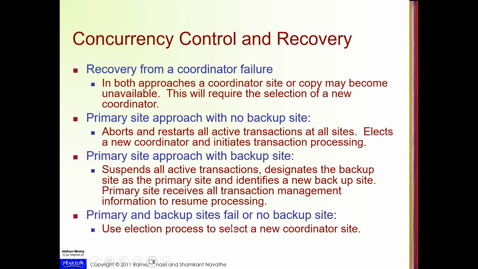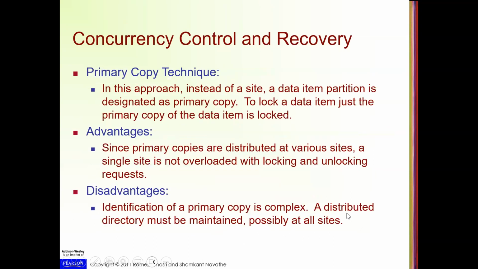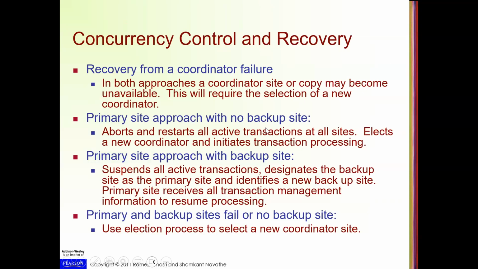Then, when primary and backup site fail, or there is no backup site, we use an election process to select a new coordinator site. So basically, we are trying to see how to recover when the coordinator fails. We can have a primary site approach with no backup site, a primary site approach with backup site, and primary and backup site failure or no backup site. So these are the different possibilities.